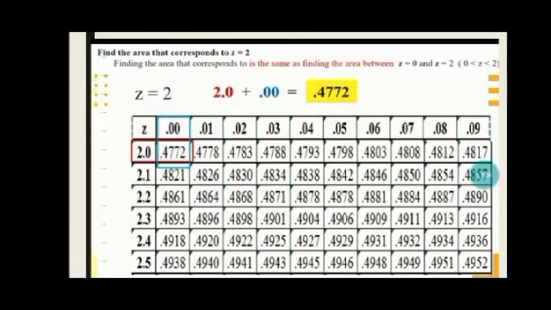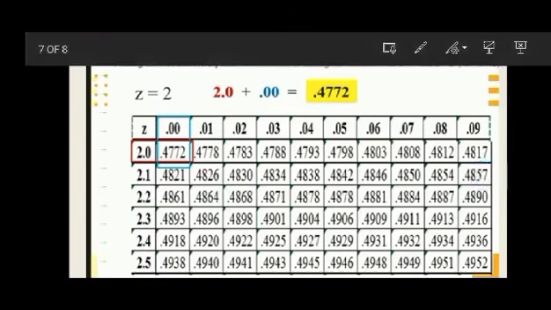Yung z equal 2, parehas lang siya sa between z equal 0 and z equal 2, or using interval notation, z is greater than 0 but less than 2, or that should be greater than or equal. So between 0 and 2, titignan muna natin kung saan ba natin makikita yung 2.